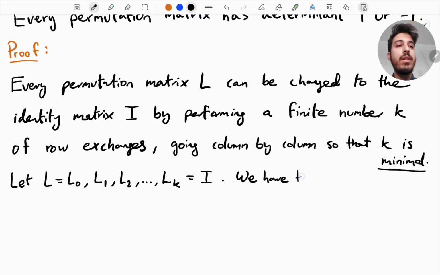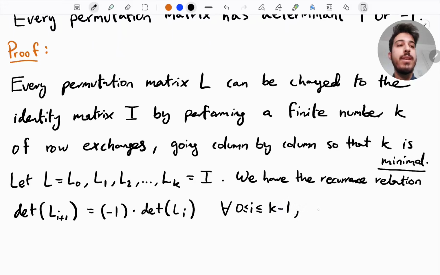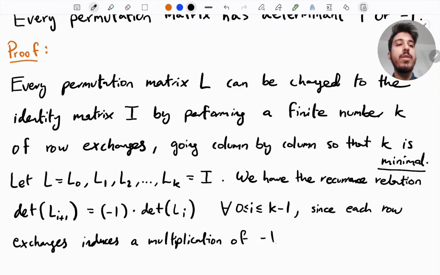So we have the recurrence relation: the determinant of L(i+1), the (i+1)th matrix in the list, is equal to minus 1 times the determinant of the previous matrix in the list, for all i between 0 and k minus 1, since each row exchange induces a multiplication by minus 1.